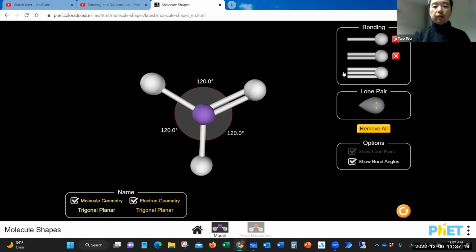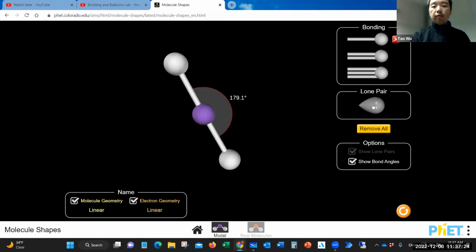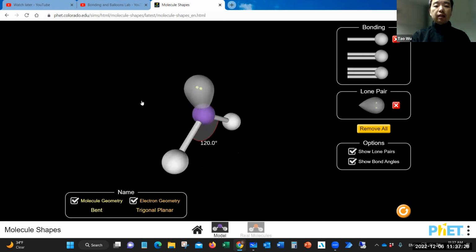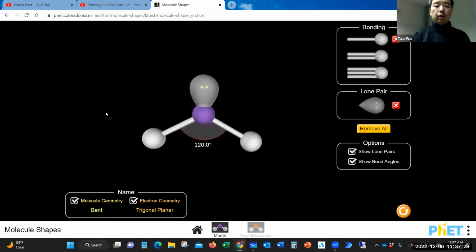For example, if we do not have the double bond, and instead we have a lone pair, then the geometry is completely different. Why? It's because the bonding domains have bonds. They are actually connecting other atoms over there. So we can see the bonds.